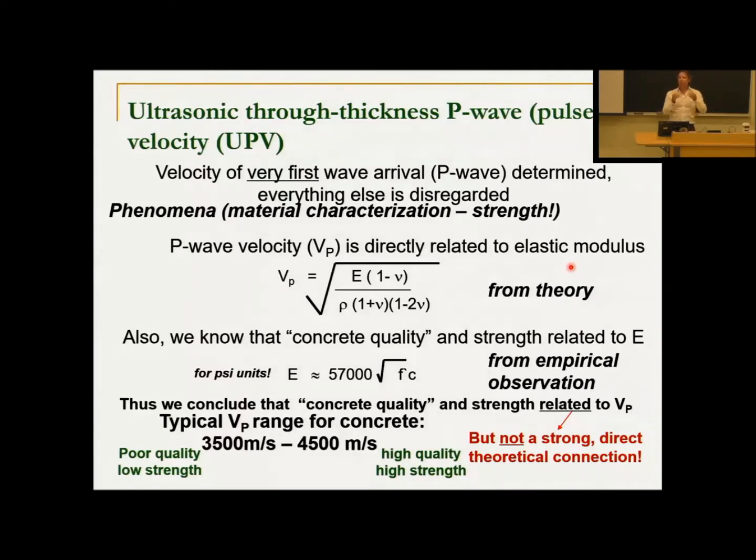And so the thinking was, well, we can't measure all of the reflections and find defects, but if we just measure this velocity, that gives us an idea of the elastic constants. And if we know the elastic constants, we can tie it to the quality of the concrete, how strong it is, for example.